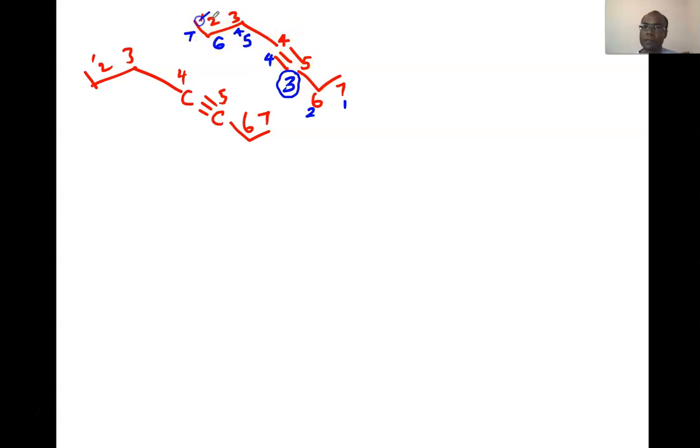So the correct numbering is blue. The red is out. The name of this molecule will be 3, because there's no substituent, I just start with the position of the triple bond, 3, and then there are 7 carbons, so hept. It's an alkyne, so I put Y and E: 3-heptyne.